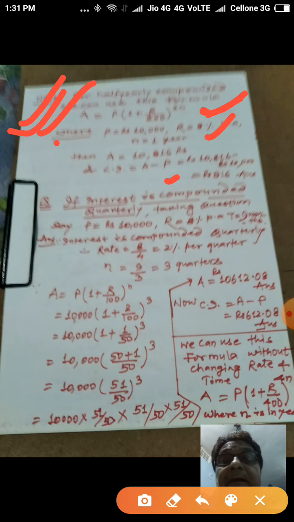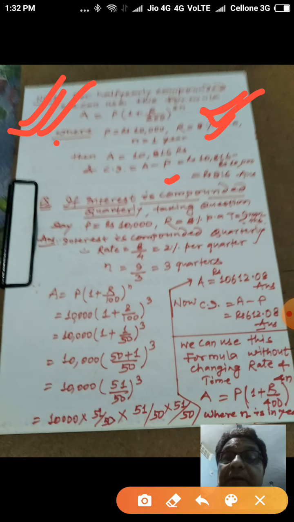At the time, if you don't follow that method which we have discussed now, then in place of that you can use this method also. So don't change the information, now change the formula. The formula is amount equal to principal into (1 plus r by 200) raised to the power 2n.